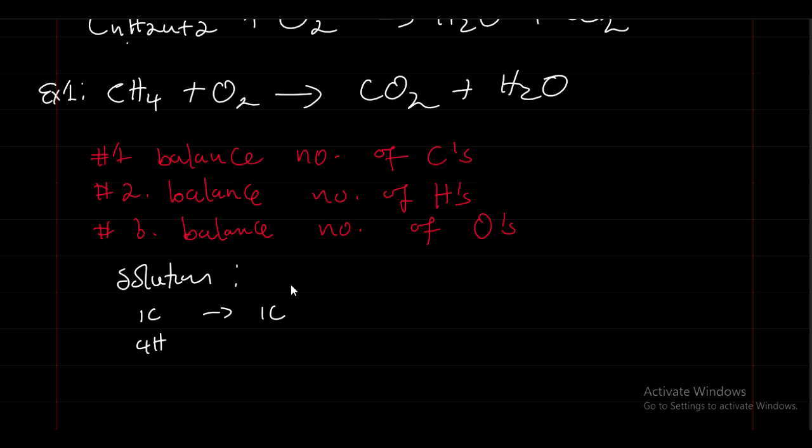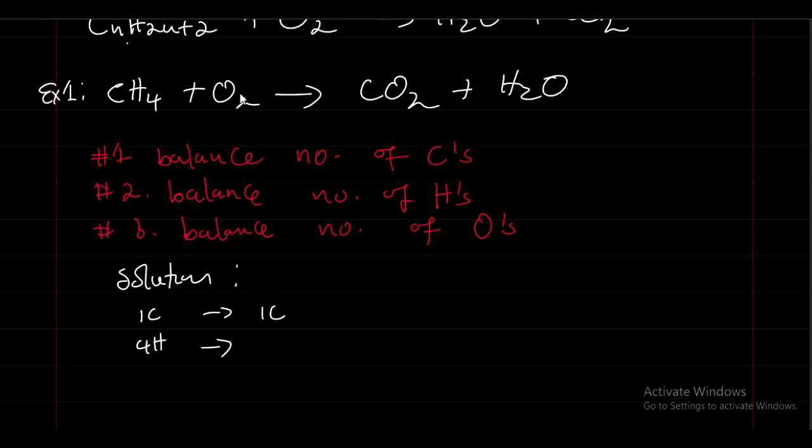I have 2. In order for me to get 4, here I have 2, so I must put 2 here and have 2 times 2, which is 4.